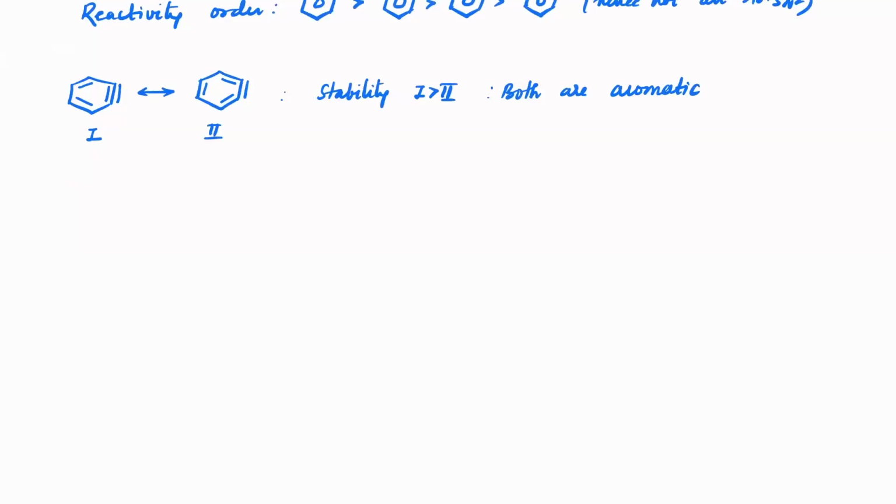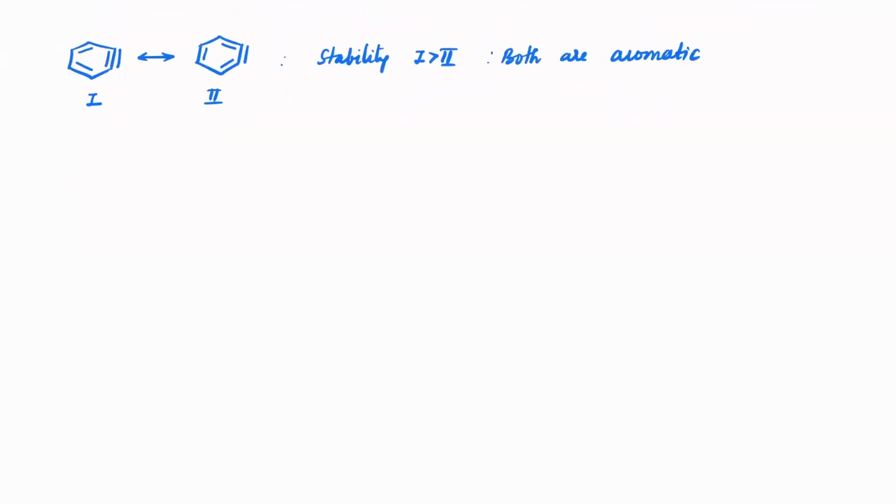Benzyne is unstable, and depending upon its concentration, if the concentration is low, two benzynes will combine with each other to convert into this type of addition product known as biphenylene.